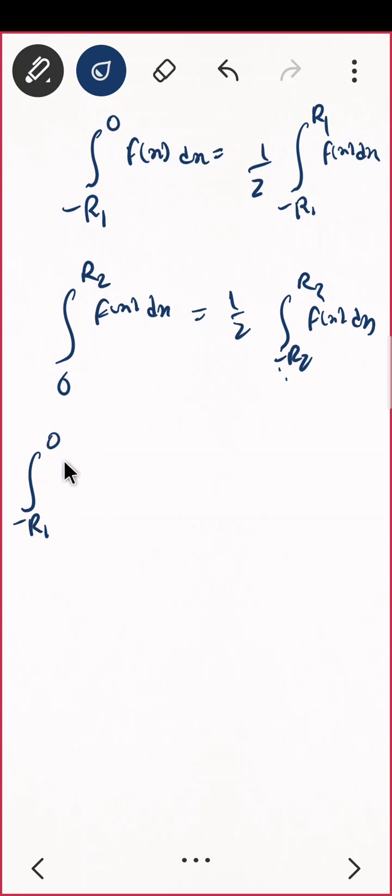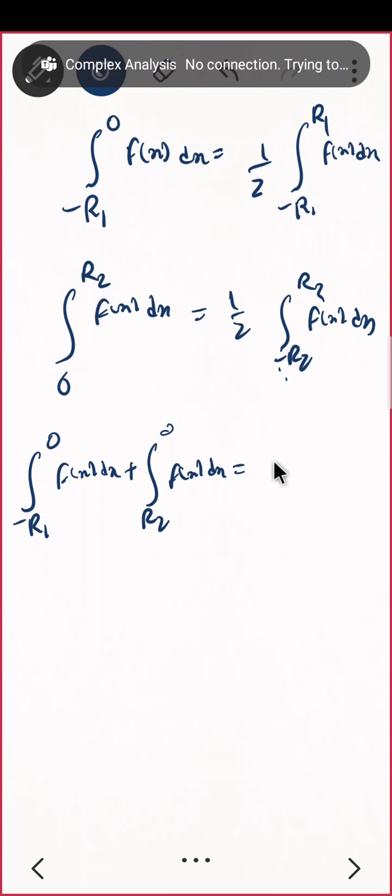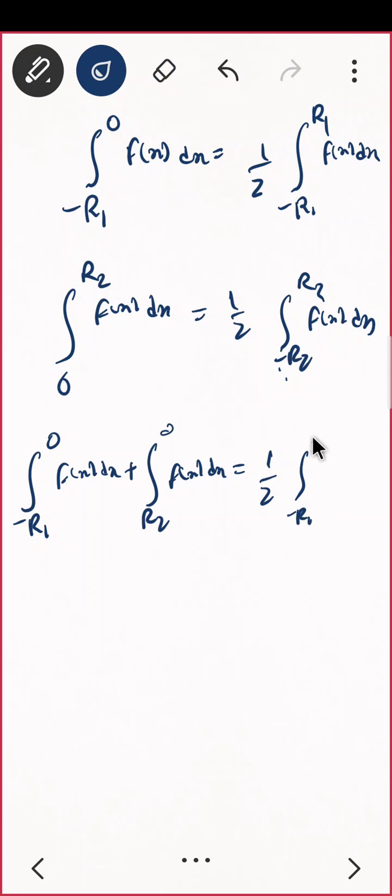The integral from minus r1 to 0 of f of x dx plus the integral from 0 to r2 of f of x dx, that is the same as 1 by 2 times the integral from minus r1 to r1 of f of x dx plus 1 by 2 times the integral from minus r2 to r2 of f of x dx.